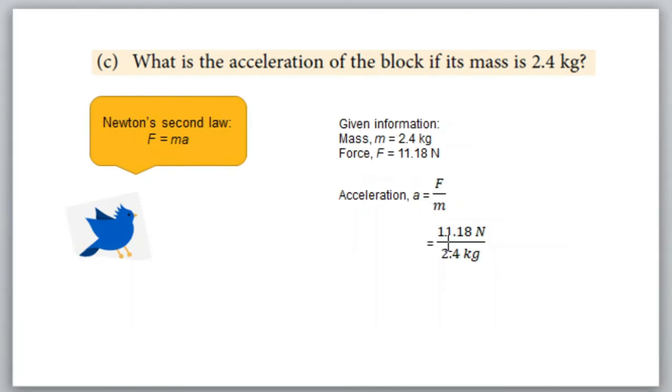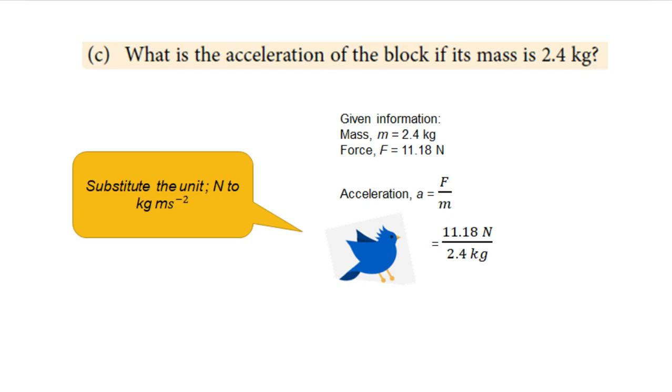So acceleration is force divided by mass. So we'll get 11.18 Newton divided by 2.4 kilogram. Now substitute the unit Newton with kilogram meter per second squared. Thus, we will get the final answer as 4.66 meter per second squared, which is the unit for acceleration.